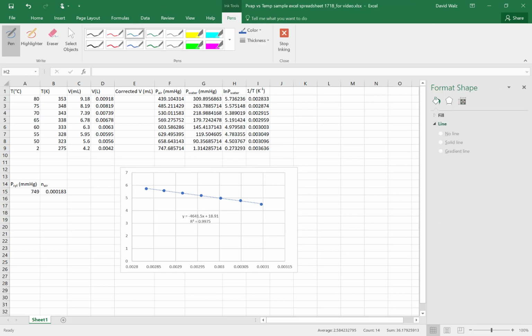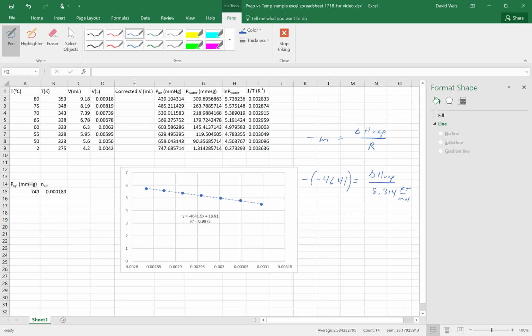So you would go negative 4,641, you want to make it negative. So it's negative slope equals delta Hvap over R, over 8.314 kilojoules per mole.